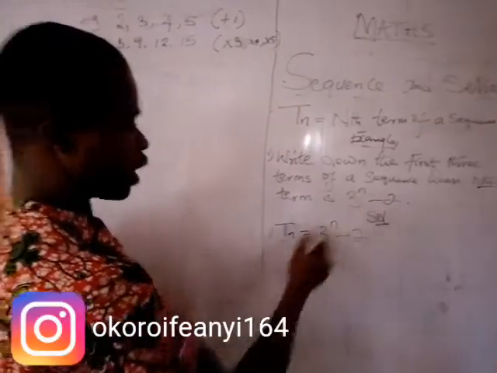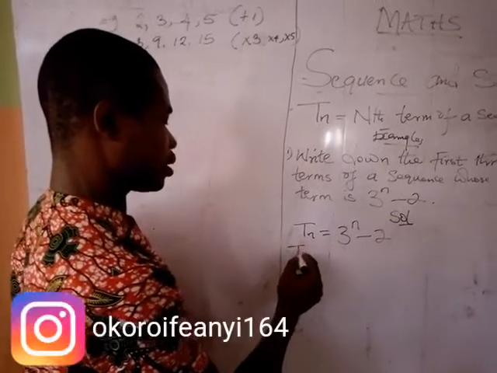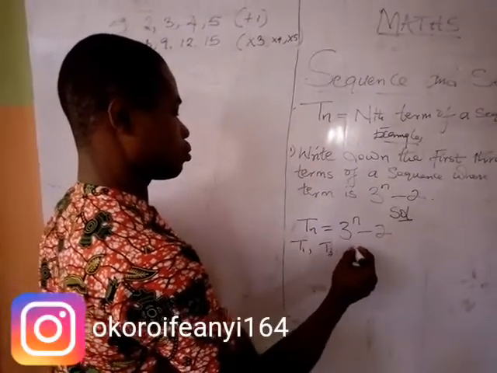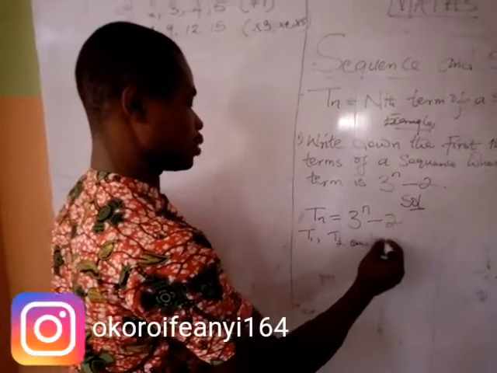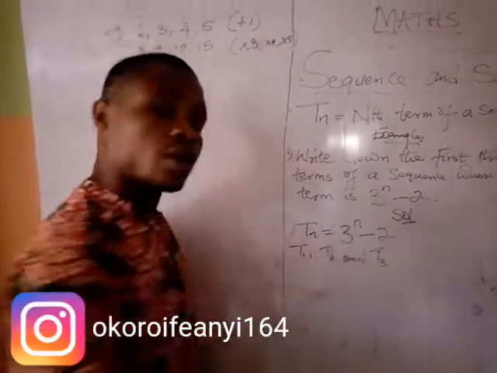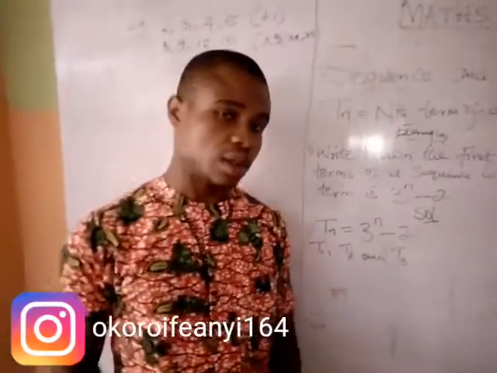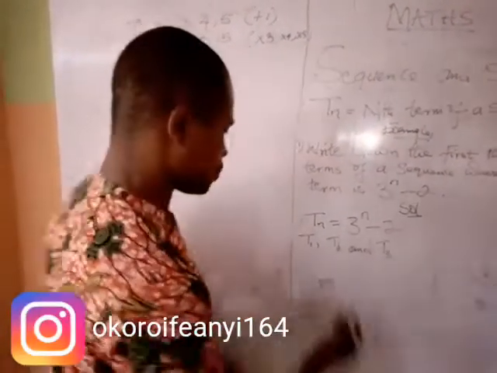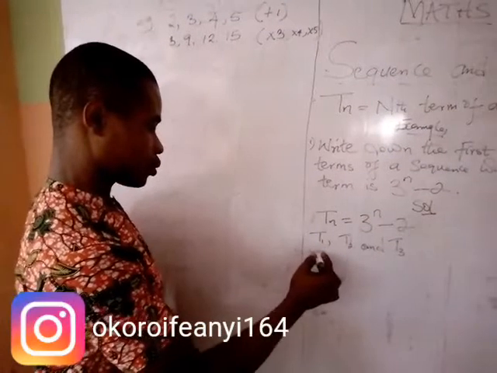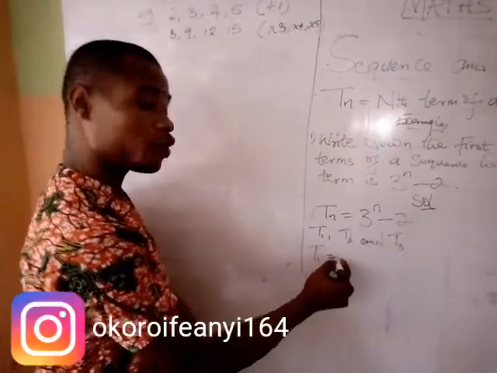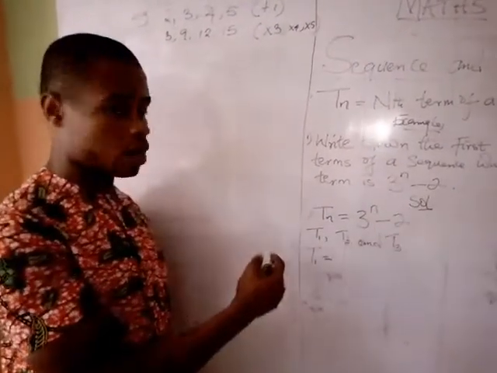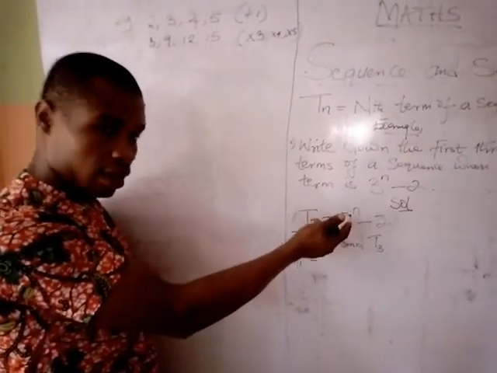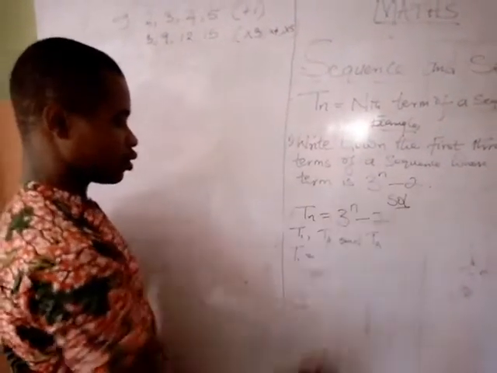And what we're asked to find is the first 3 terms, T1, T2, and T3. So how do we find this sequence? How do we get the T1, the T2, and the T3? It's very simple. Go to T1. Just remember your formula, which is the rule guiding your sequence, which says Tn is equal to 3 power n, then minus 2.